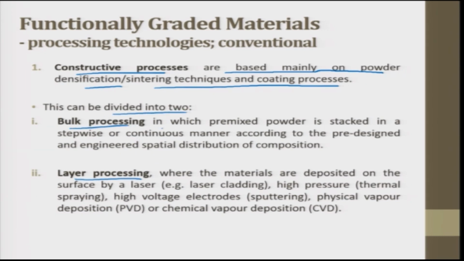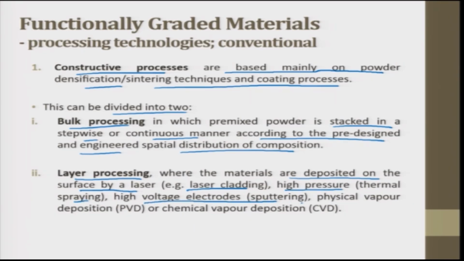Bulk processing is one in which pre-mixed powder is stacked in a stepwise or continuous manner according to the pre-designed and engineered spatial distribution of composition. And in layer processing, the materials are deposited on the surface by a laser, that is laser cladding, high pressure thermal spraying, high voltage electrodes sputtering, physical vapor deposition or chemical vapor deposition.